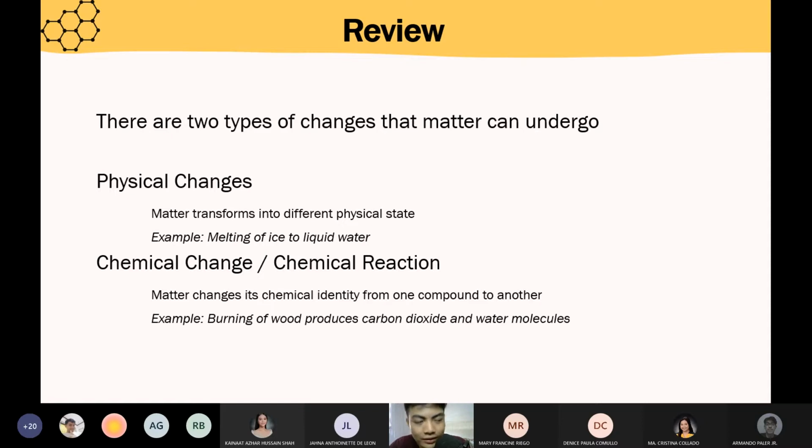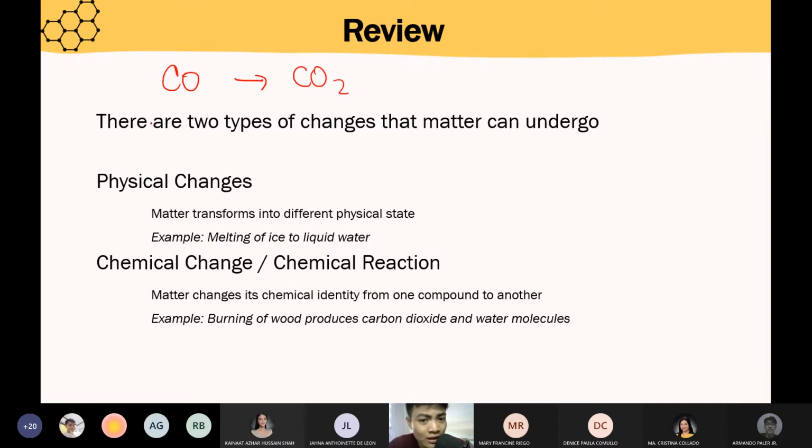But when you say chemical change, what happens here is that the chemical identity of your substance do undergo changes talaga. For example, you have your carbon monoxide before, tapos magagawin mo yung carbon dioxide. That is a type of chemical reaction, because CO, this is very toxic.